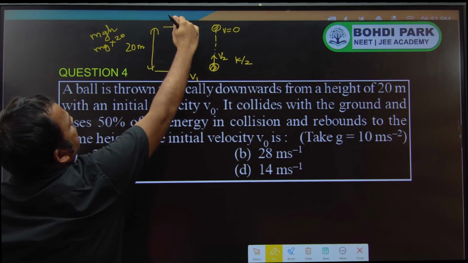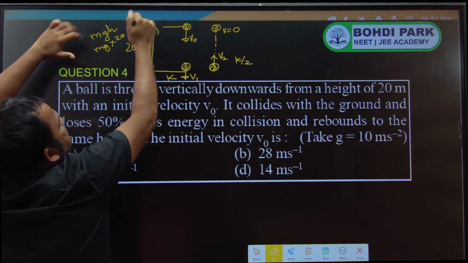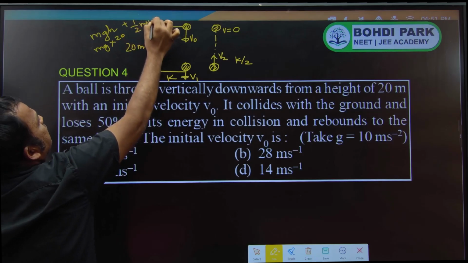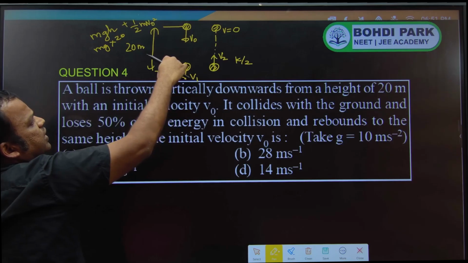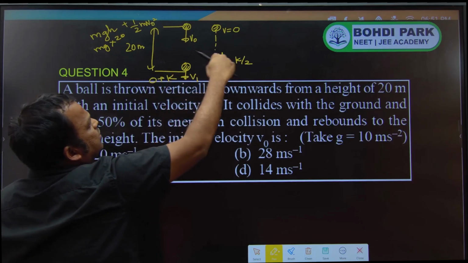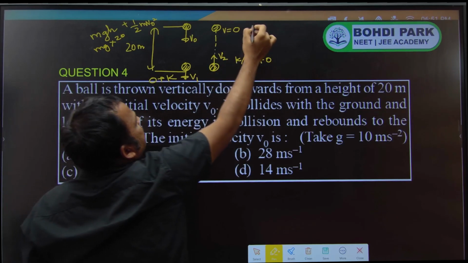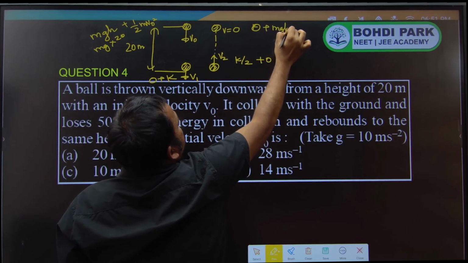Now conserve the mechanical energy. Here mgh plus half m v naught square is the total mechanical energy. Here also total mechanical energy is K plus 0. Now total mechanical energy here is K by 2 plus 0. At the top, total mechanical energy is 0 plus mgh.